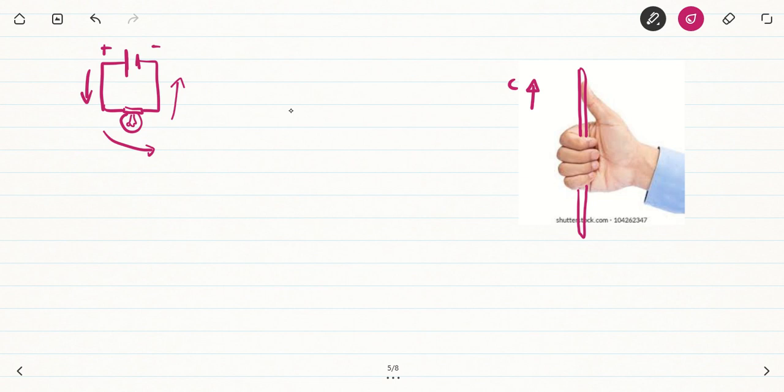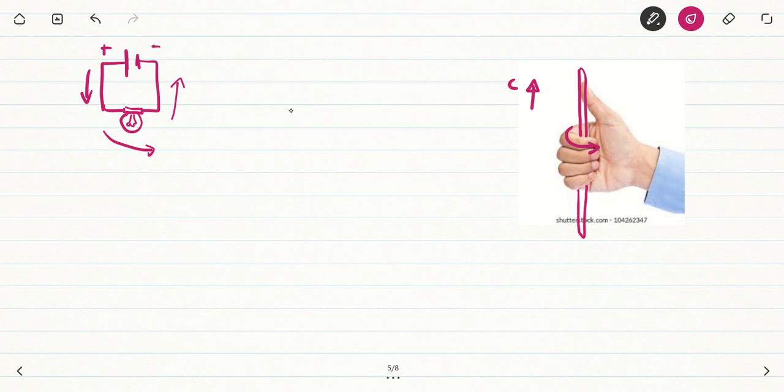And maybe your teacher could ask you to tell him what the direction of the magnetic field would be in this case. The direction of the magnetic field is represented by the direction at which your fingers curl. You can see that your fingers are curled in this way. That is the direction of the magnetic field.